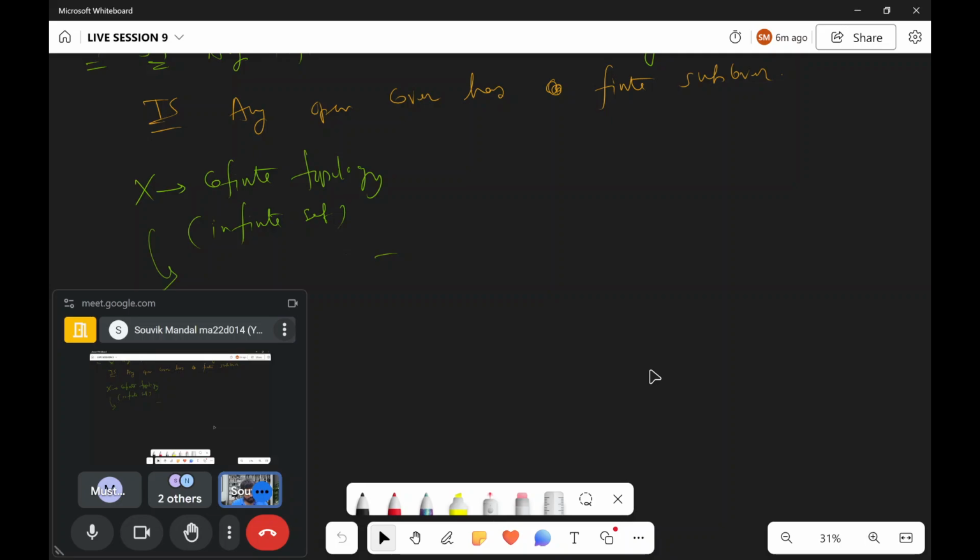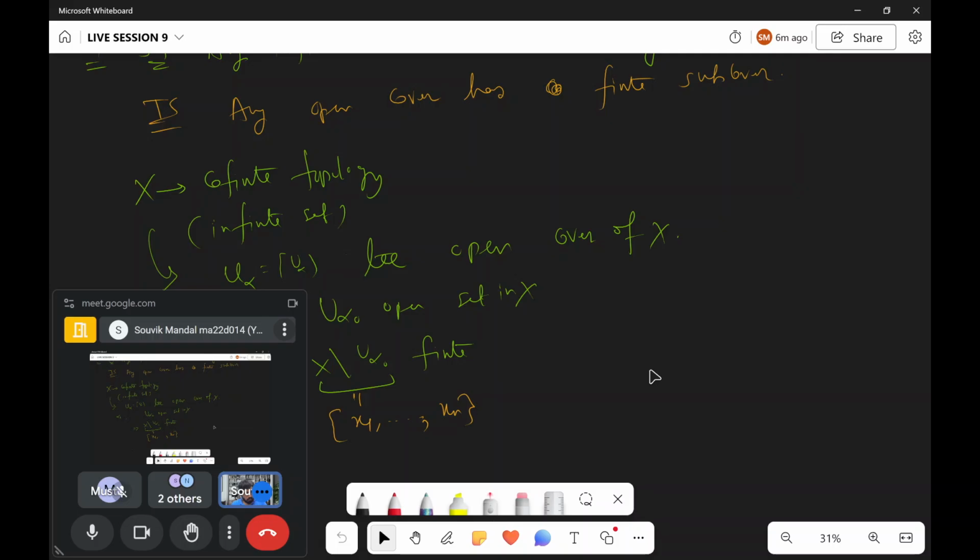Okay, so let me write down the argument properly. Let U alpha be an open cover of X. We are choosing alpha naught, and so U alpha naught is an open set in X. So this implies X minus U alpha naught is finite. Call this finite set x1, x2, ..., xn.